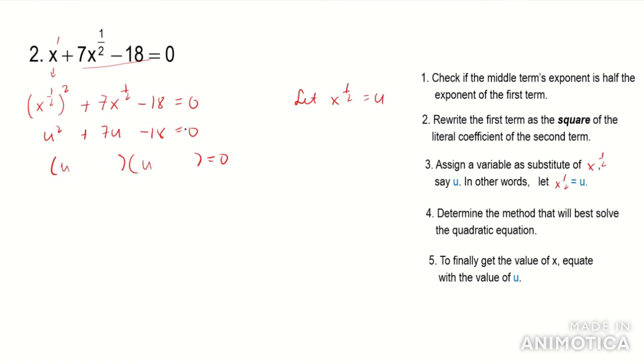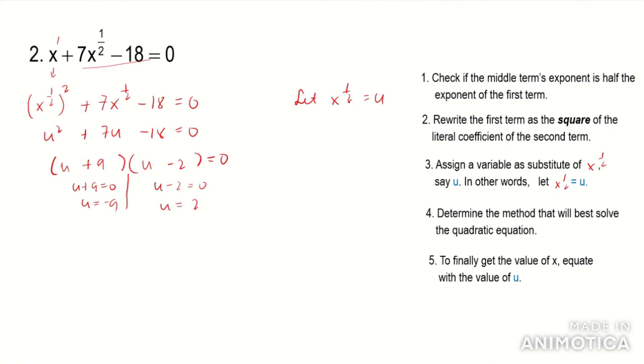The factors of negative 18, when added, the sum is 7, are positive 9 and negative 2. Then, we apply the zero product property. So, we have u is equal to negative 9 and u is equal to positive 2.